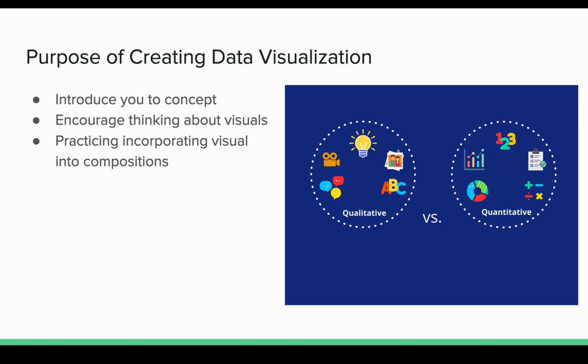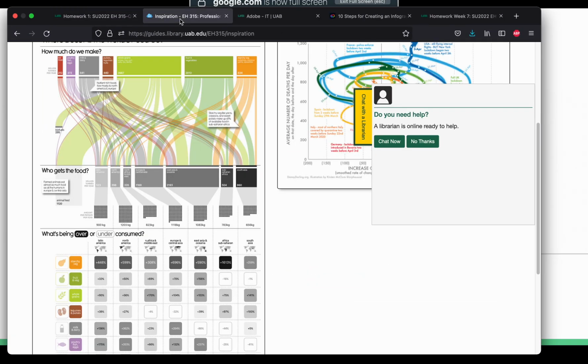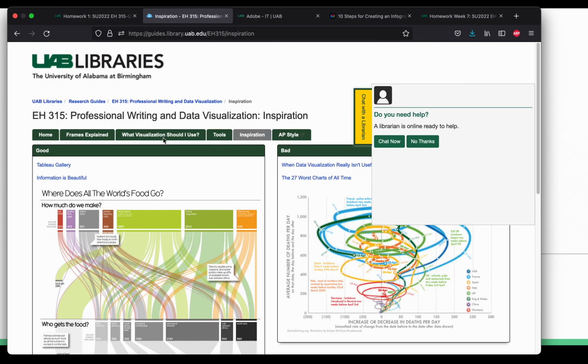Nevertheless, completing this part of the project will help familiarize you with the process of data visualization, finding information to represent, taking stock of all the options for how you might represent it, then using some tool to create the visual. In the Week 7 module, there is a page where you will find the following resources among others. First, I've included a link to our library's course research guide that focuses on data visualization.